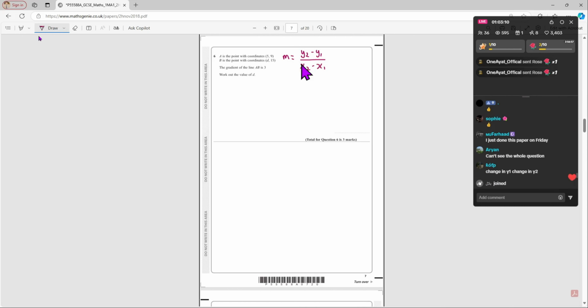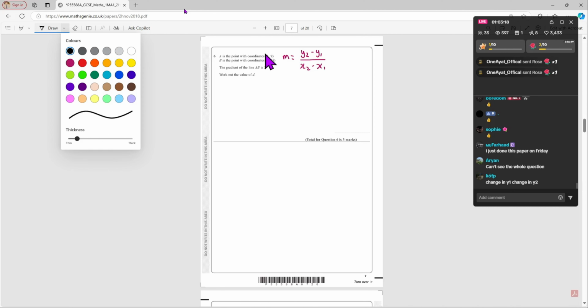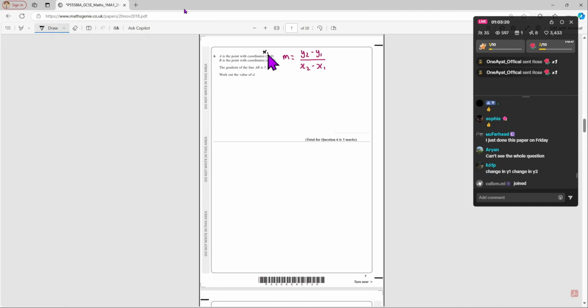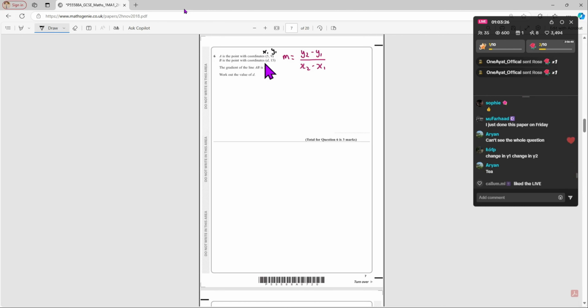So we got that. Once you've gotten that, what we need to do is substitute our values in. We know that our 5 is going to be our x1 value, 9 is going to be our y1 value, and then D is going to be our x2 value, and 15 is going to be our y2 value.